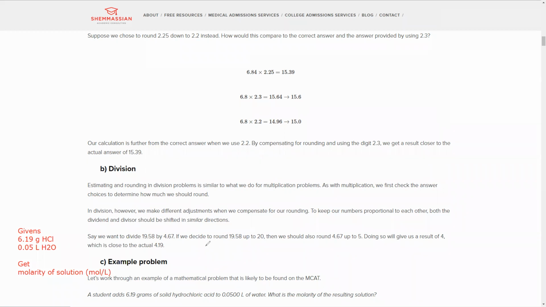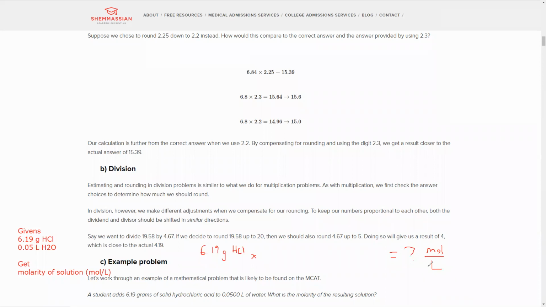So I've been given 6.19 grams of HCl, and the question is, I need to eventually get to some amount of moles per liter. I don't know what it is.